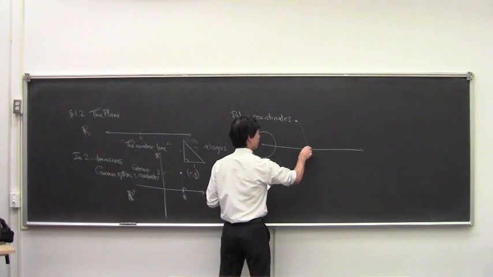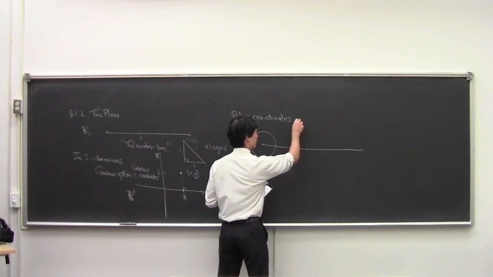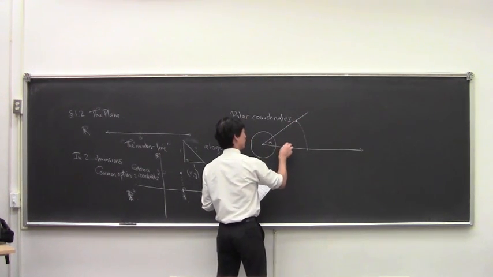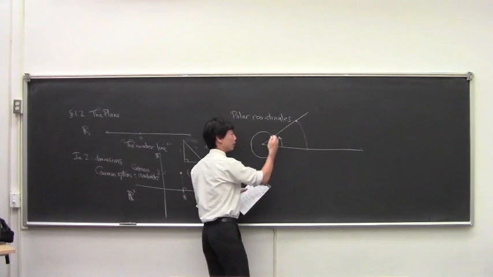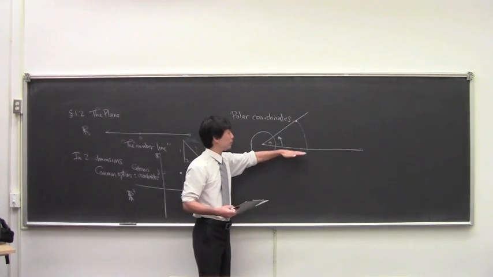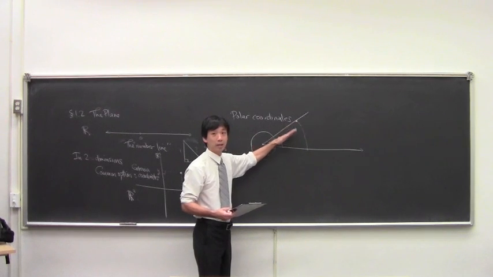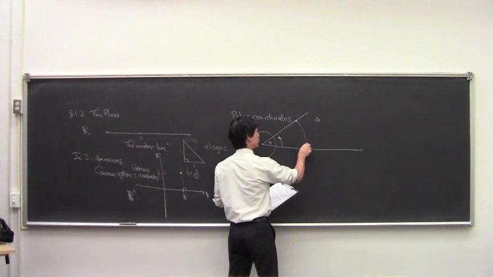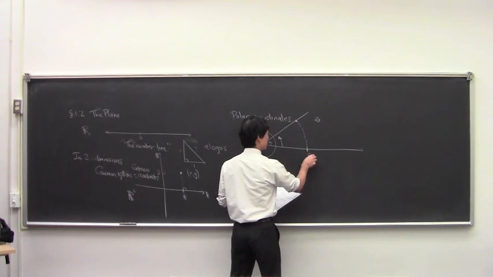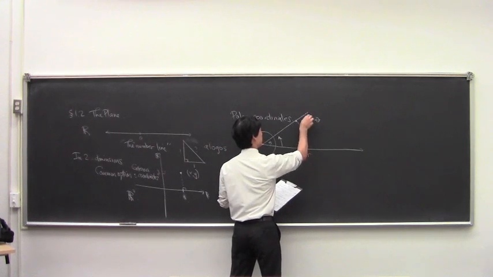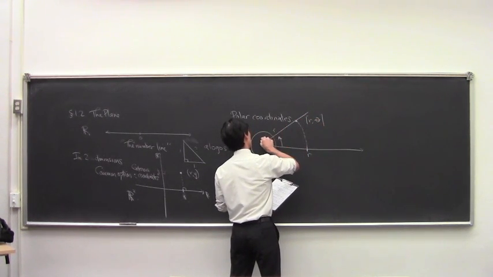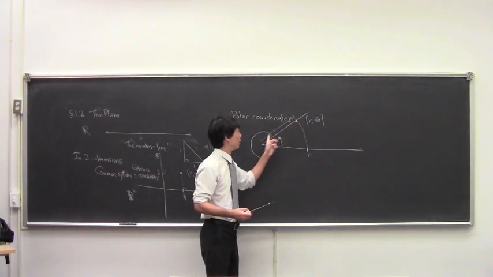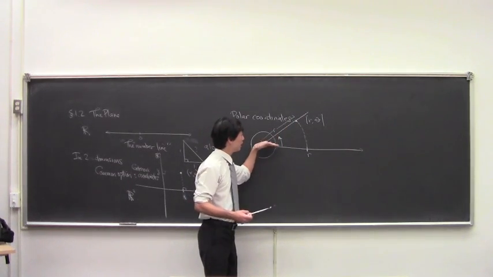You measure the angle in a positive way from the ray, up in this direction, in radians, and you call it theta. Then r is the distance to the point. So r is this distance, and theta is this.